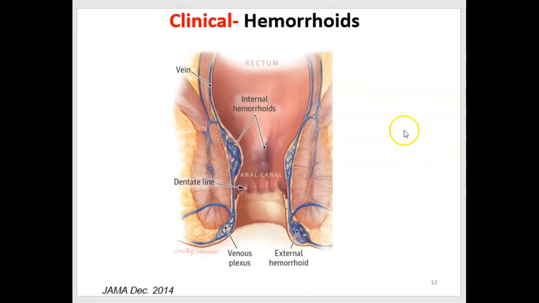With excessive sitting, standing, or pressure during pregnancy, these hemorrhoidal veins are prone to venous pooling, meaning the blood in the veins is not returning, because remember there's no valves in these veins, and so the venous pooling causes the distension of these hemorrhoid veins.